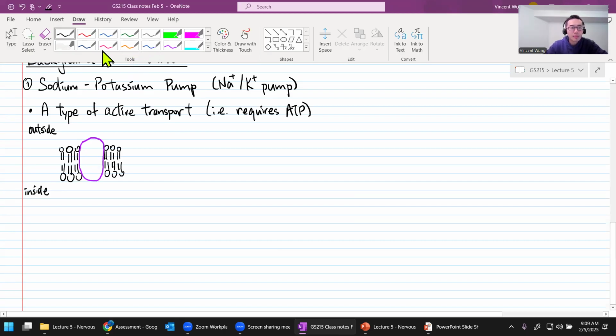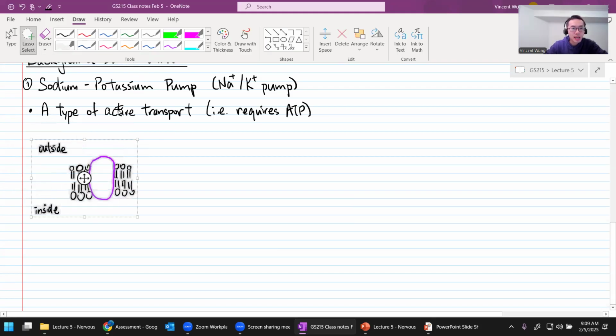So what the sodium potassium pump does is it uses energy to pump out sodium ions. It will pump 3 sodium ions out in exchange for 2 potassium ions in.